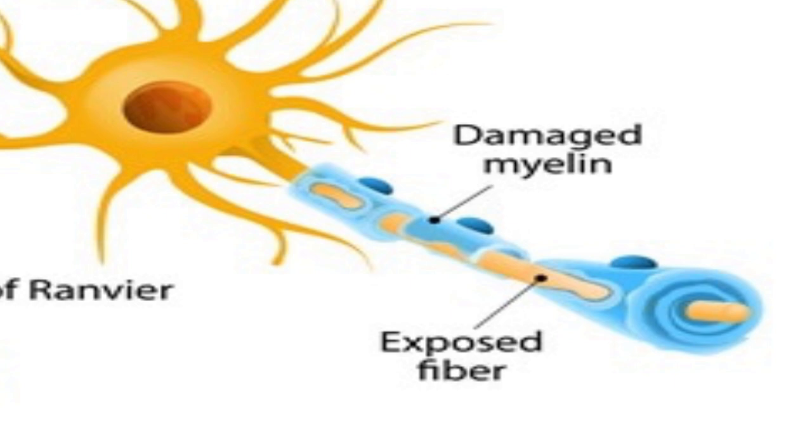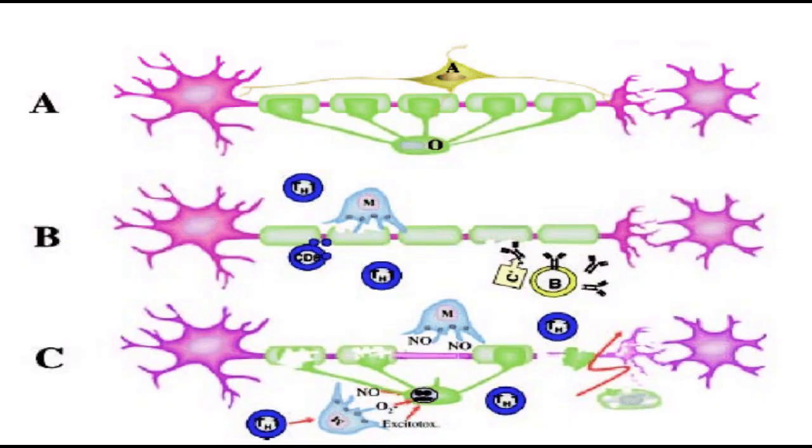In multiple sclerosis, as I already told, it is an autoimmune disorder, which means our own immune system destroys the myelin sheaths of our own neurons. When the myelin sheath is destroyed, it disrupts the transmission of nerve impulses. The next question is what age group is vulnerable to this condition.